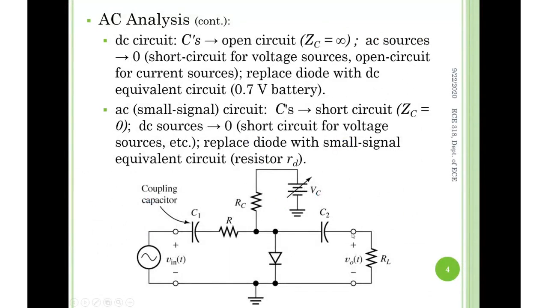So now let's do a little exercise here. According to the summary for DC and AC circuits, given the circuit down here, I give you guys 3 to 5 minutes to come up with the DC circuit and AC circuit respectively.